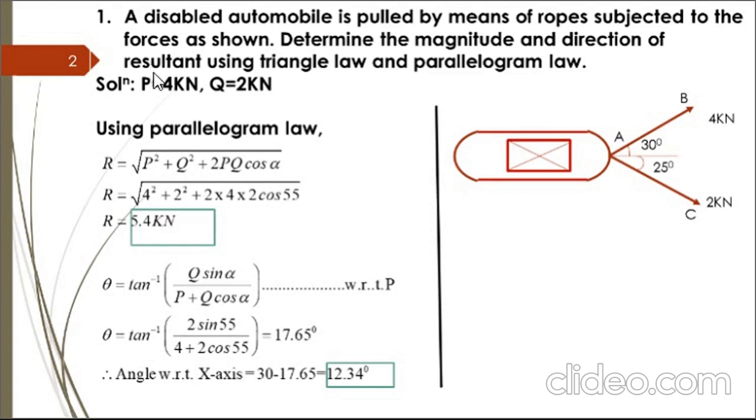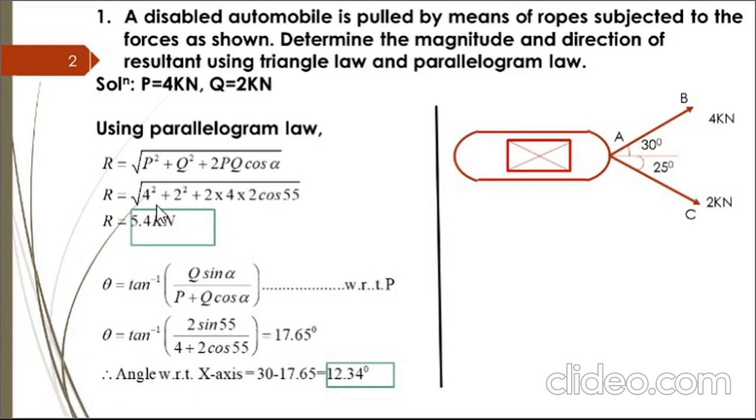So here consider P as the first force, P is 4 kN, and the second force Q is 2 kN. Using the parallelogram law, the resultant R is equal to square root of P square plus Q square plus twice of PQ into cos alpha.